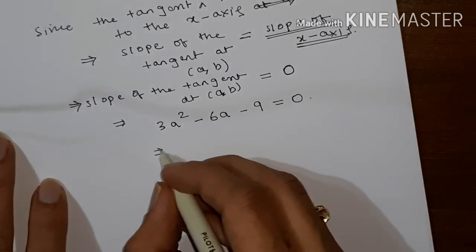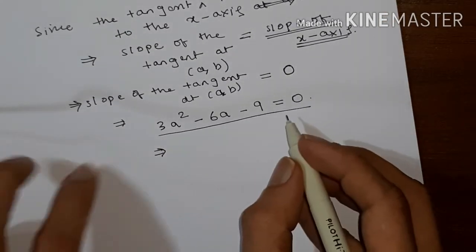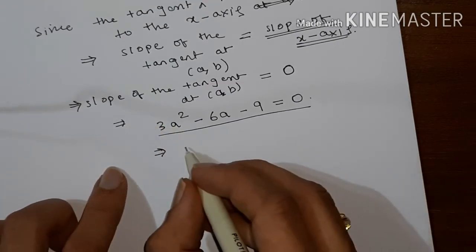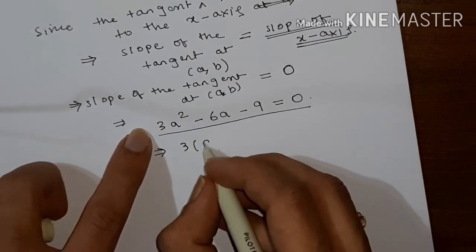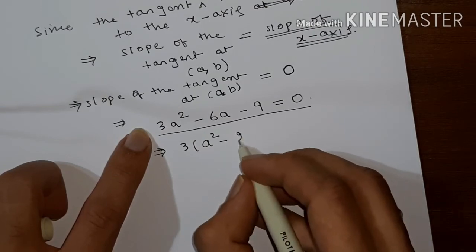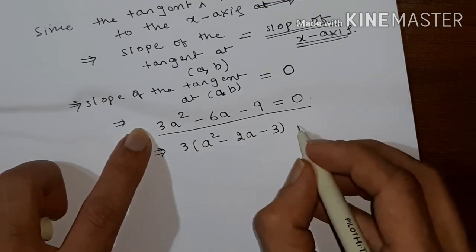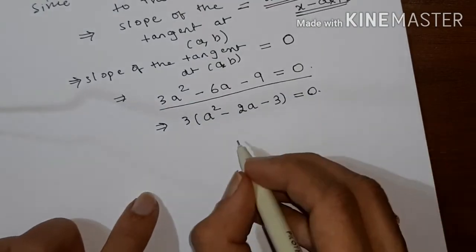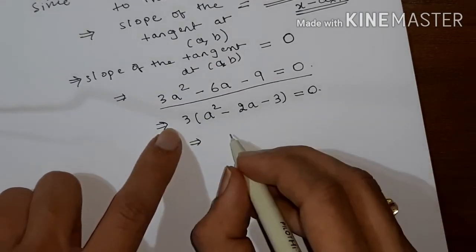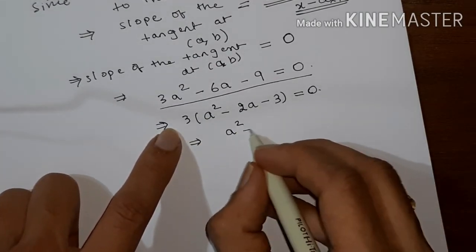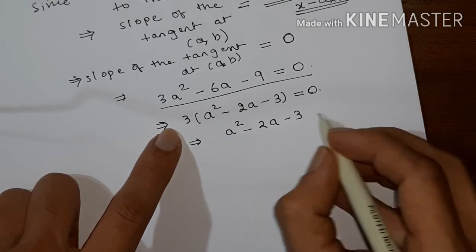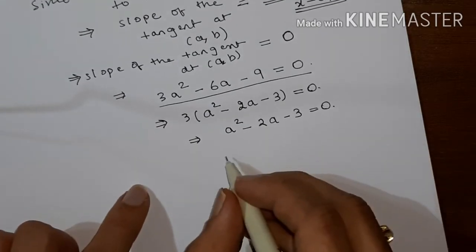This is a quadratic expression, and now we have to solve it for a. If we take 3 common and divide both sides by 3, we will get a square minus 2a minus 3 equal to 0.